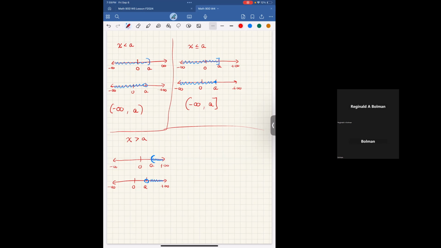For x is greater than a, you're going to have a sequence of parentheses. Because you're starting at a on the left-hand side, you would have a parenthesis and an a next to the parenthesis. You're going to have a comma, and then because you're going to positive infinity, you would have positive infinity.